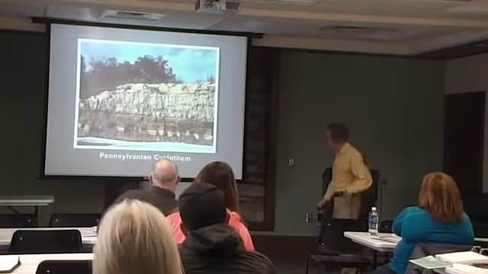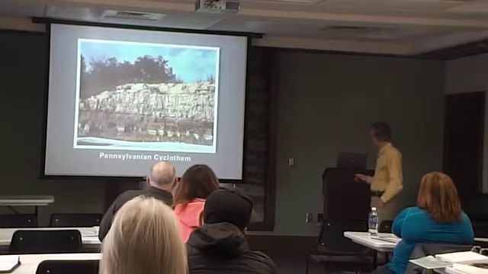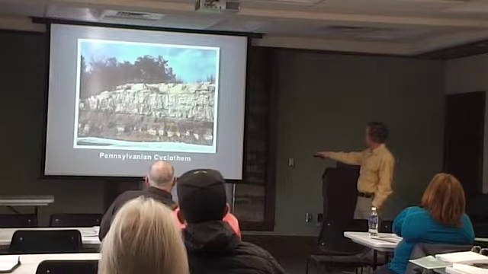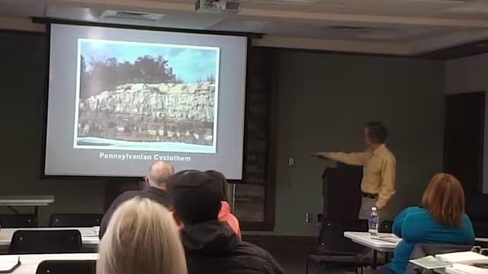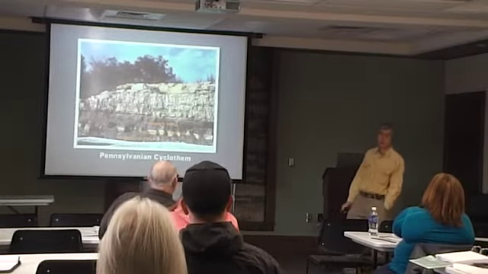So, what do the rocks look like that were produced during this time? Here's an example. We have these thick limestones, which were formed in the shallow sea. We have shales, as well as sandstones that were formed by meandering river systems.